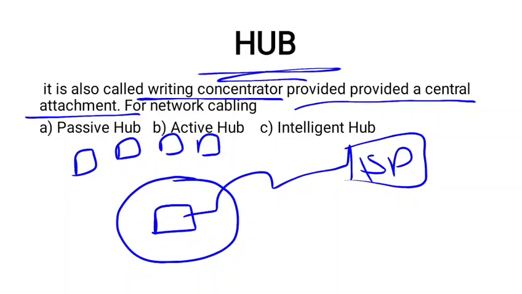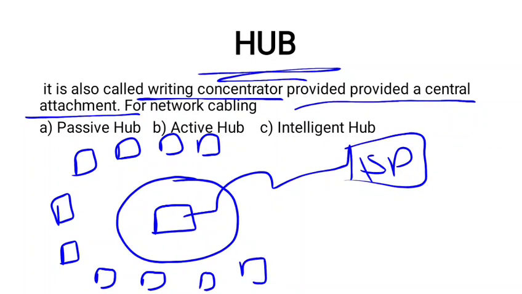Just like when you go into a bank, there are many computer systems around us and many people sitting there performing their work. So for connecting that multiple computer system, they always use a hub.